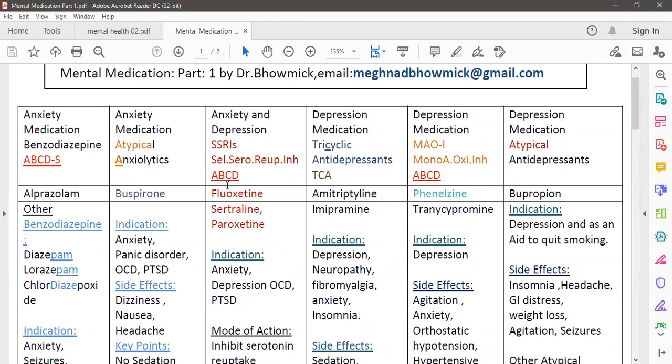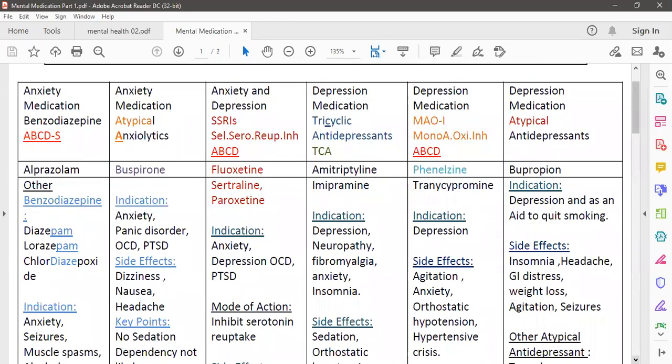ABCD is also the side effect of antidepressants like SSRIs. Selective serotonin reuptake inhibitors also have the common side effects ABCD. What is ABCD? We discussed it a few seconds ago. And other antidepressants like monoamine oxidase inhibitors, like phenelzine, also have the common side effects ABCD, right?